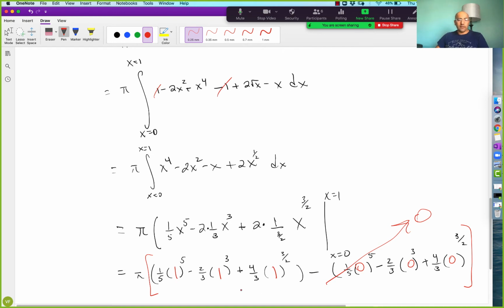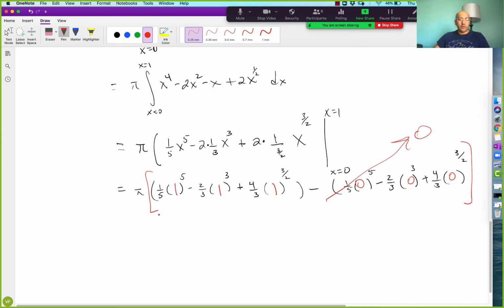So it doesn't affect anything. And 1 is super easy as well. 1 to the 5th, 1 to the 3rd, they're all just going to be 1. So this simplifies to pi times 1/5 minus 2/3 plus 4/3.